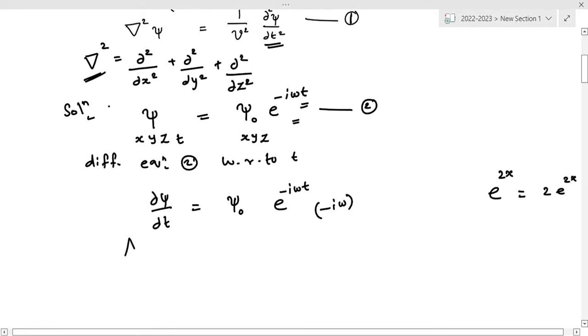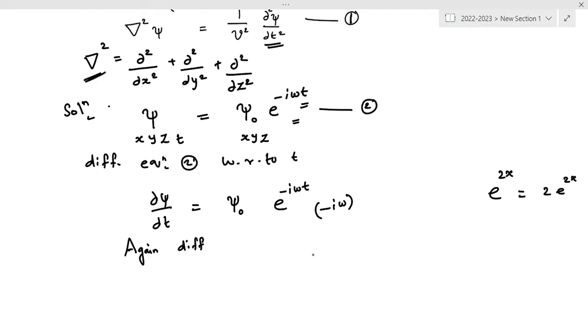So again differentiating the above equation with respect to t, we get del square psi by del t square is equal to, we have psi naught again here, therefore psi naught e power minus i omega t. Already we have minus i omega here.